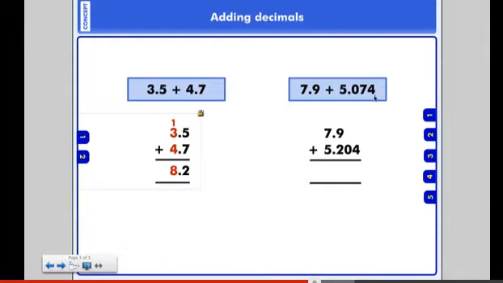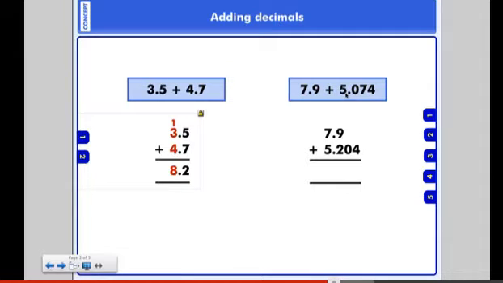And then I need to tack on the place value of my last digit. So my 4 is my last digit, and it is in the thousandths place. Tenths, hundredths, thousandths. So I read this number 5 and 74 thousandths. And rounding that to the nearest whole number is 5.